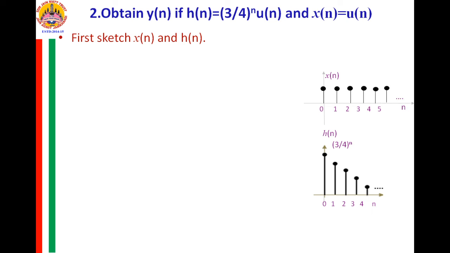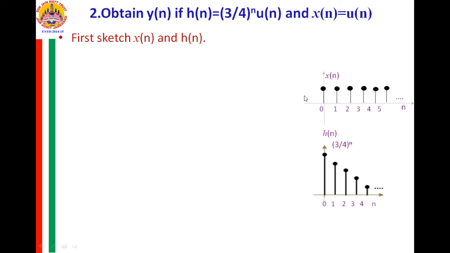Now, let us observe another example where h of n is replaced with 3 by 4 raised to n, an exponential signal, and x of n is still u of n. So, this is an exponential, a decaying exponential, existing from 0 to infinity. Now, what is the left end and what is the right end?